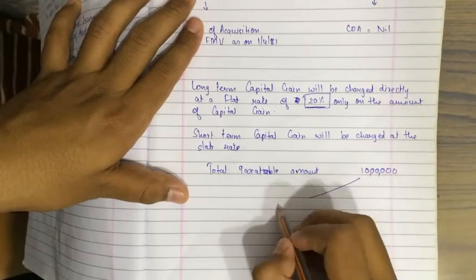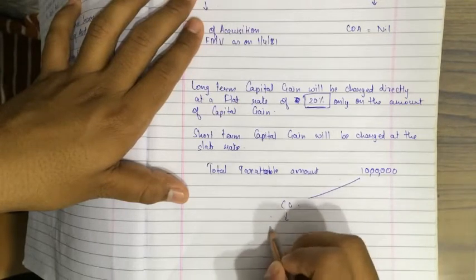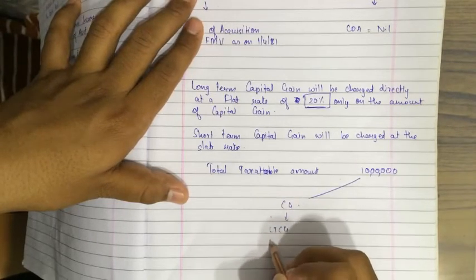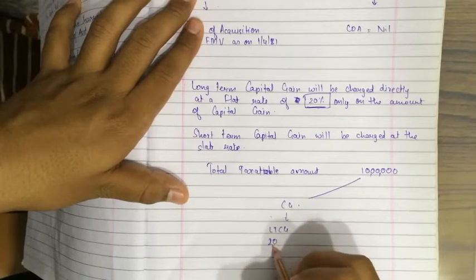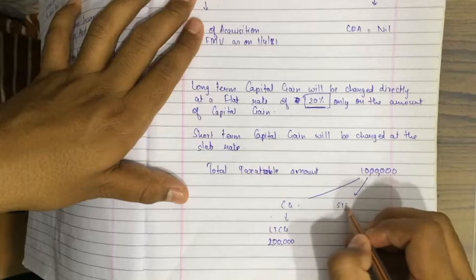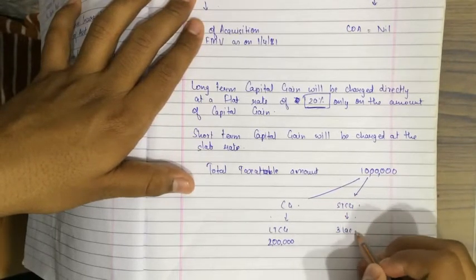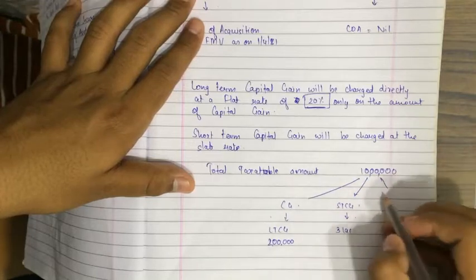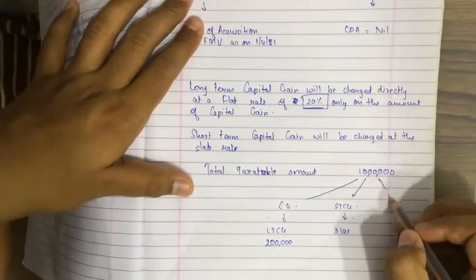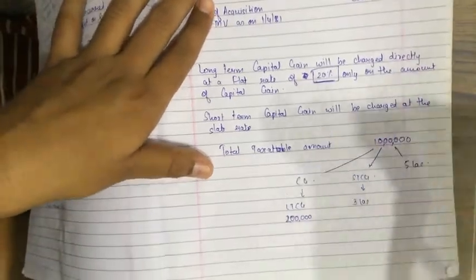In the 10 lakhs, long term capital gain is 2 lakhs, short term capital gain is say rupees 3 lakhs, and the remaining is the other heads' income, that is 5 lakhs. So how will you calculate the tax?